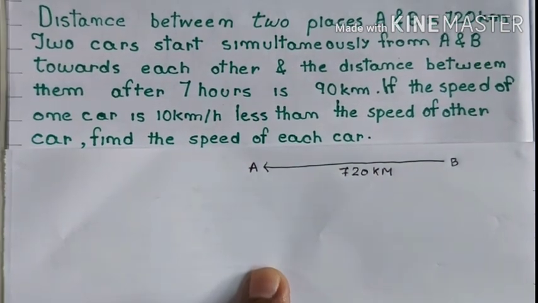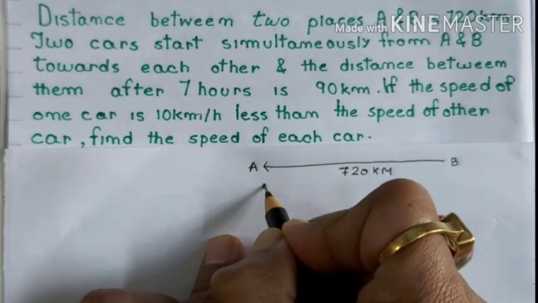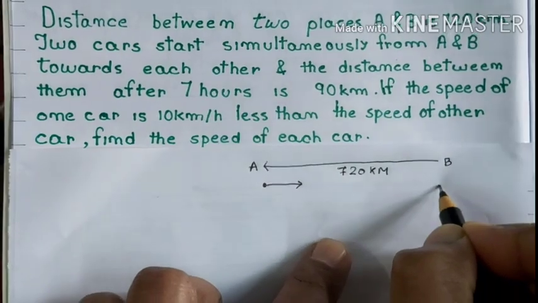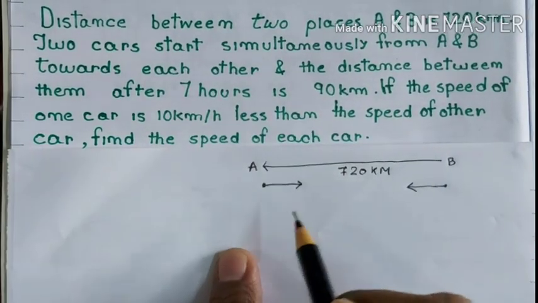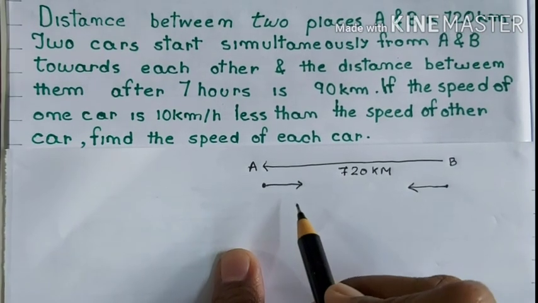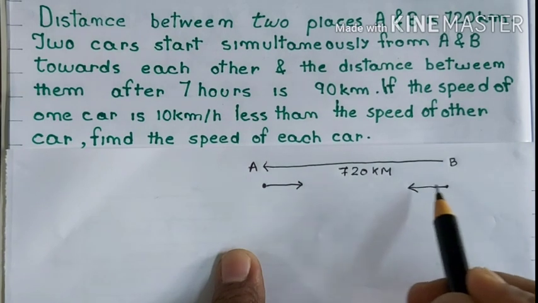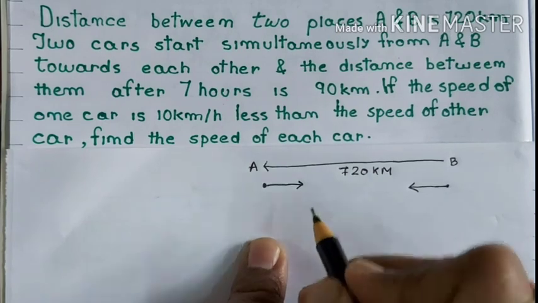Two cars start simultaneously from A and B towards each other, from A to B and B to A. And the distance between them after 7 hours, time is 7 hours.